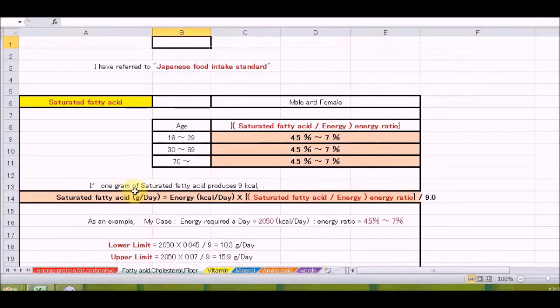If 1 gram of saturated fatty acid produces 9 kilocalorie, it can be calculated by this equation: energy multiplied by energy ratio.